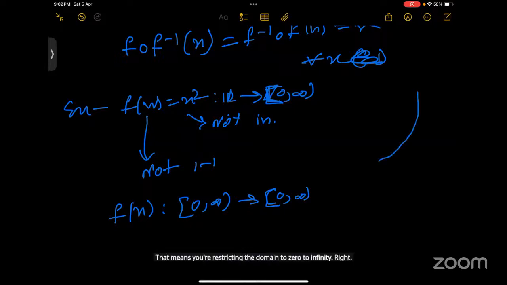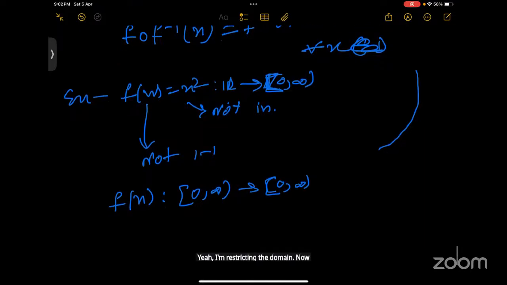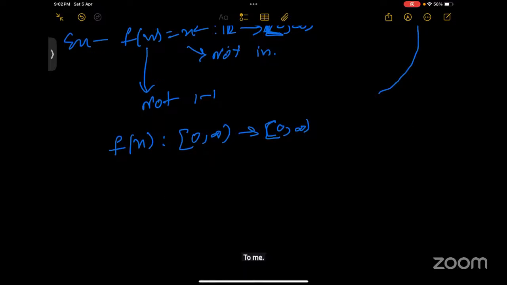Then this is half of the parabola. Instead of the real number line, you are restricting the domain. Now is it invertible? Yeah. So it is 1-1 and it is onto. So it is invertible, right? That means the inverse exists.